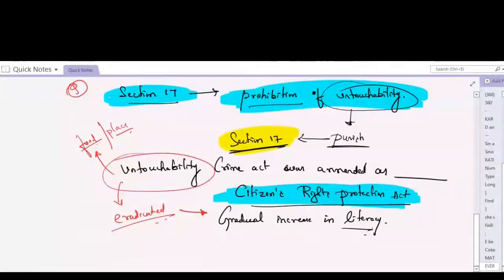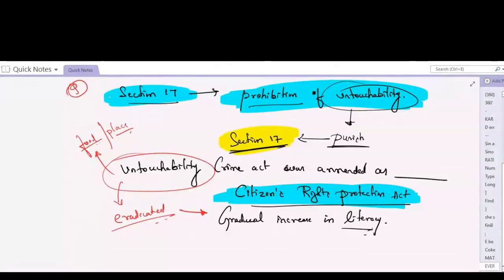Almost maximum people are educated now, so they know that discriminating against them is wrong. Even they are God's gift like us. Even as we are, they are also living beings. They know what is good and bad. So the literacy rate has increased. We can see the gradual rise in literacy.